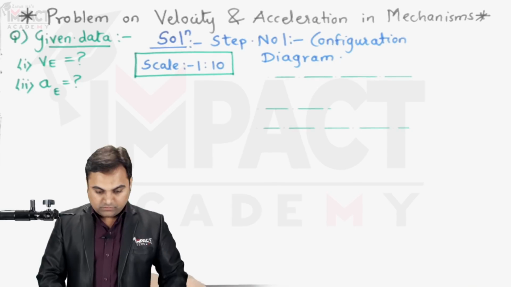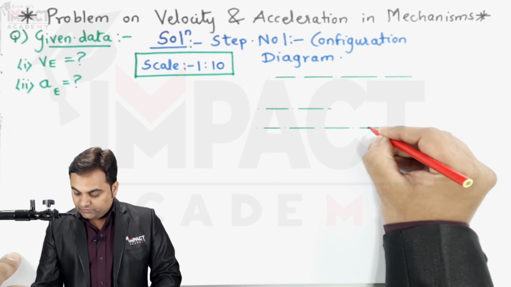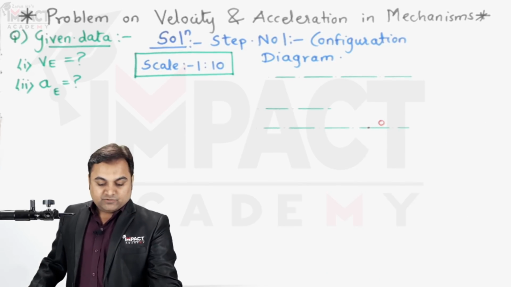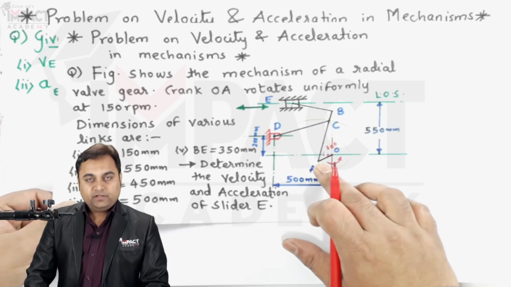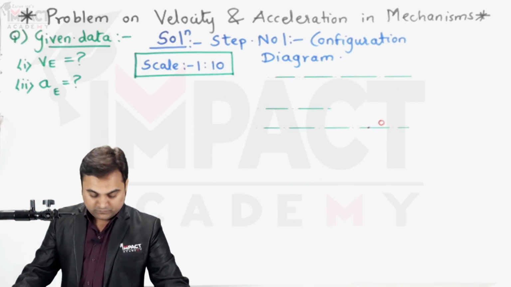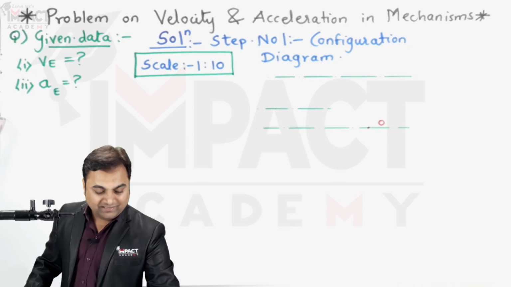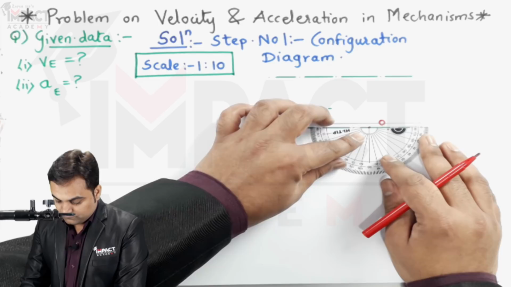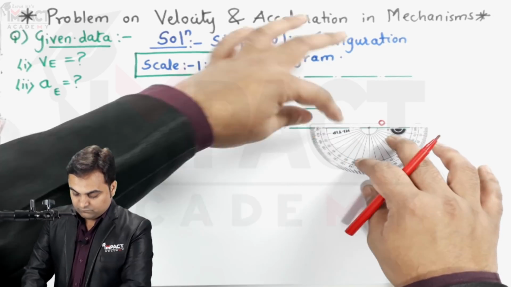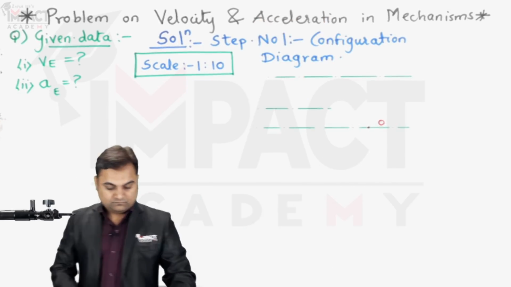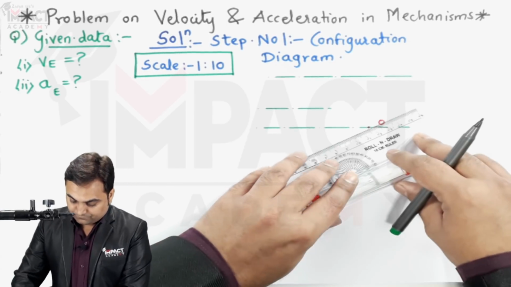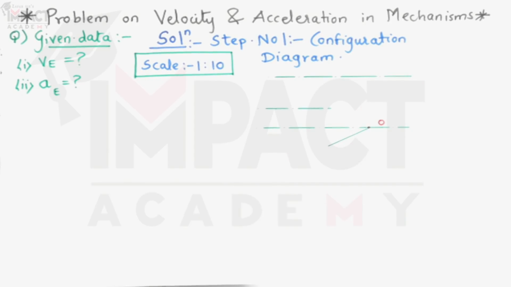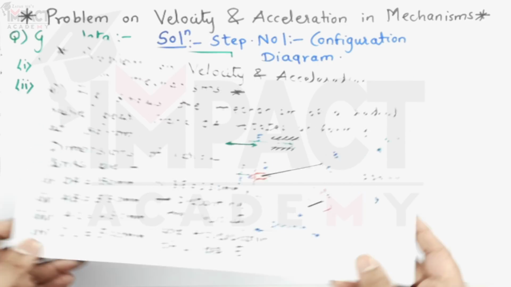Then I am selecting a point which will represent point O, and as we see, this crank OA is having an angle of 30 degree. So from point O, I'll take an angle of 30 degree. I'll draw a light line. Next, crank OA is given as 150 mm.